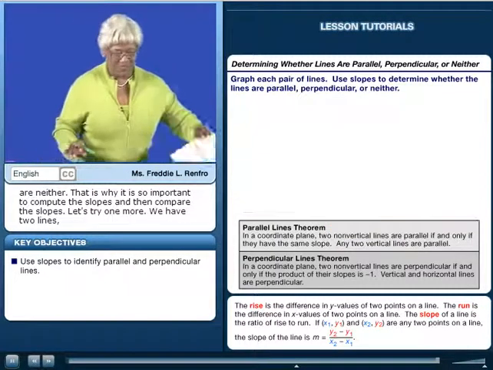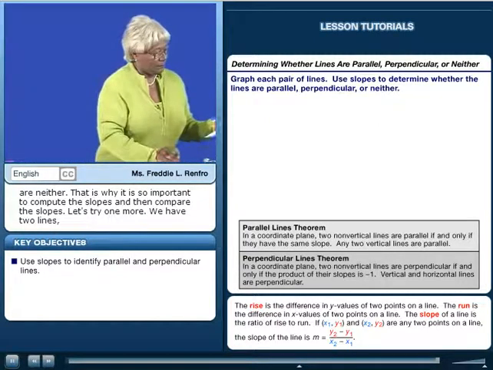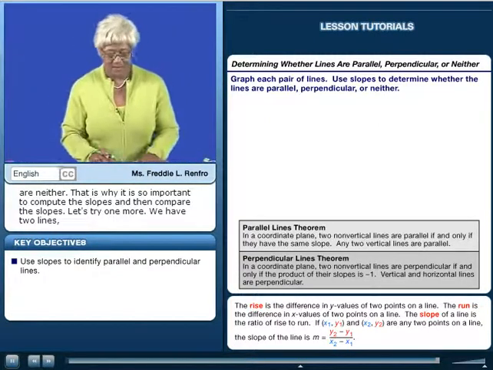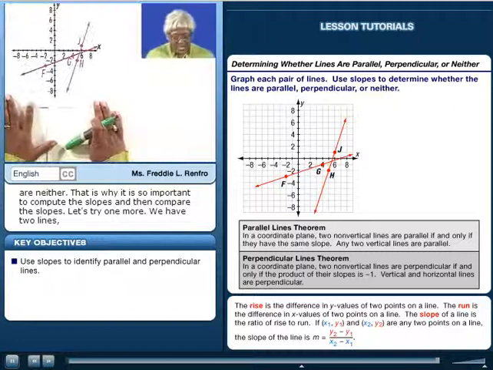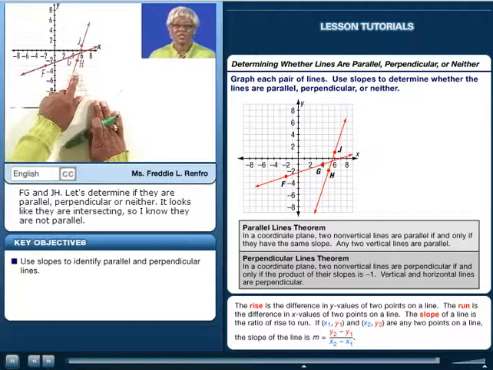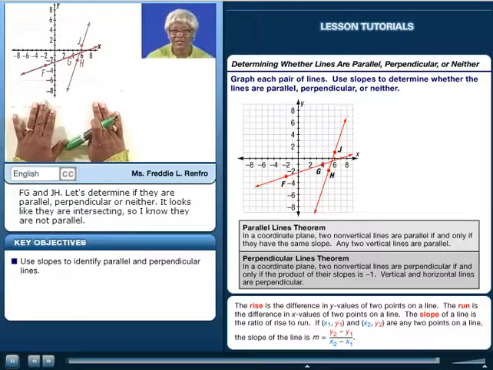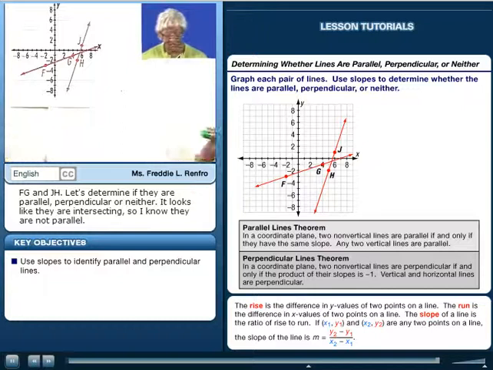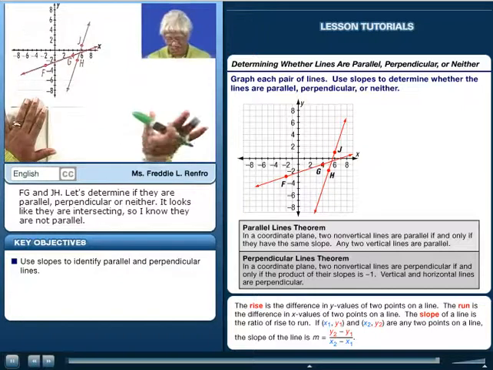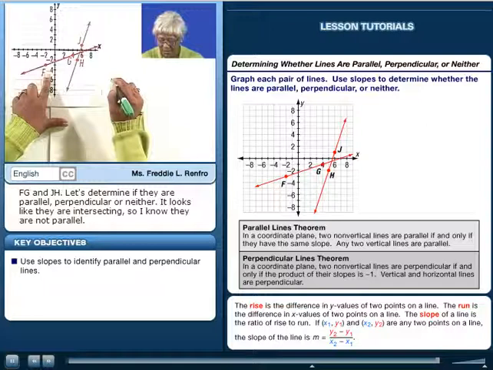Let's try one more. We have two lines, FG and JH. Let's determine if they're parallel, perpendicular, or neither. Well, it looks like they're intersecting, so I know they're not parallel. But let's go ahead and compute and find out what they are. We have line FG.